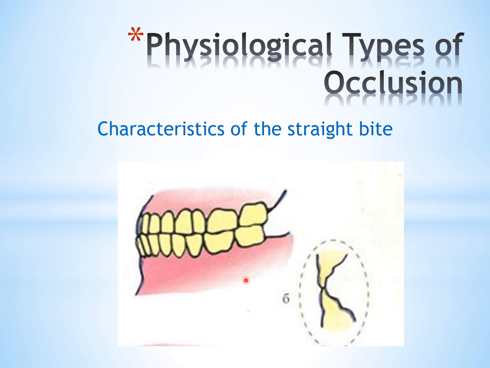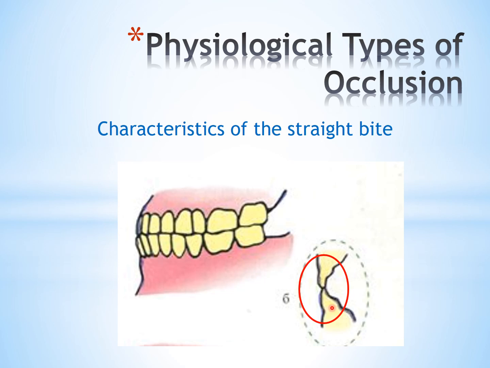So, persons with straight bite have straight contacts between upper and lower incisors.